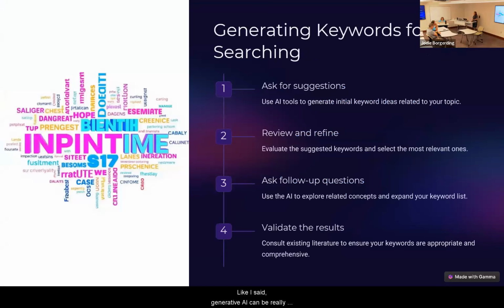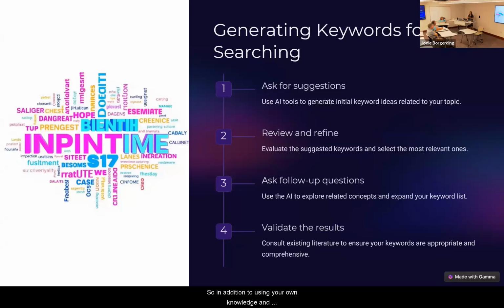Like I said, generative AI can be really good for generating keywords that you can use for searching in the databases. One of the best ways to really ensure relevant and comprehensive results from your library searches is to collect a good list of keywords that pertain to your research topic.